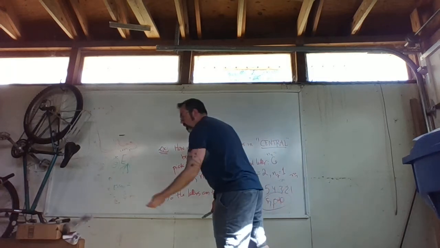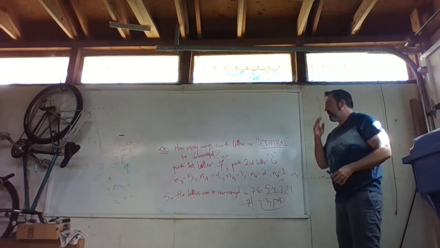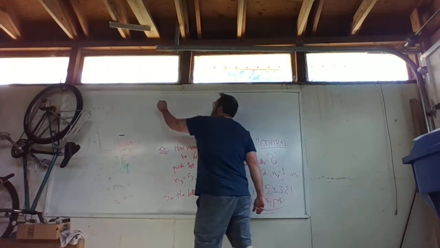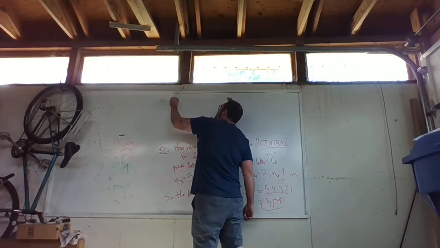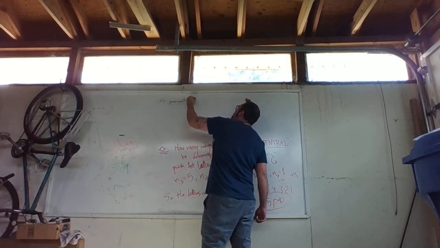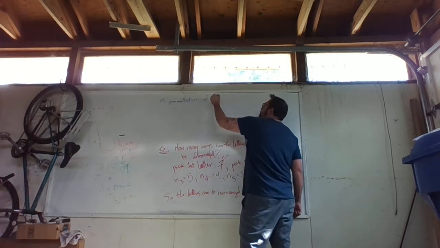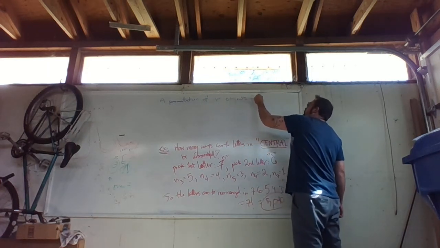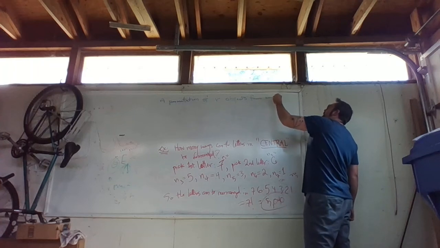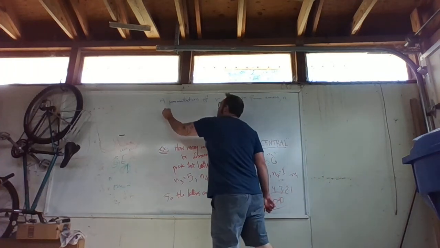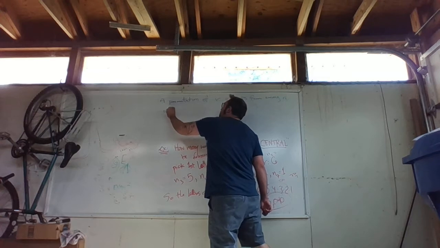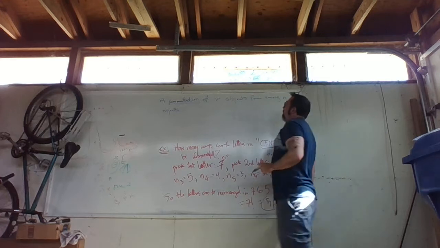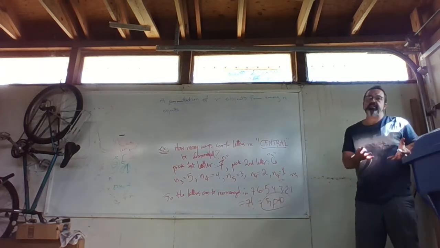So, again, a permutation takes this idea of this sort of process one step further. A permutation of R objects from among N objects is really just a choice.